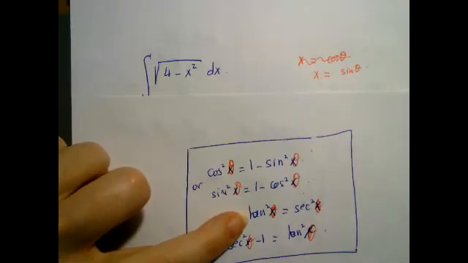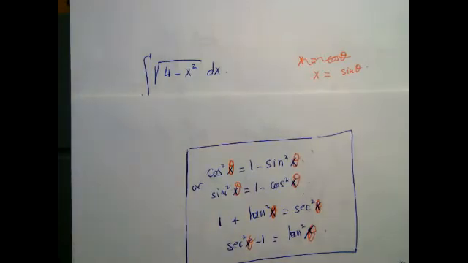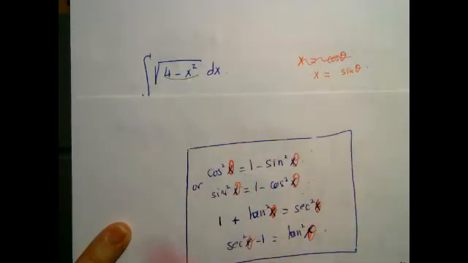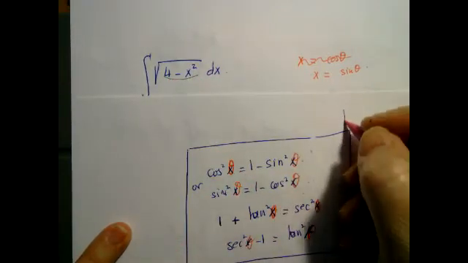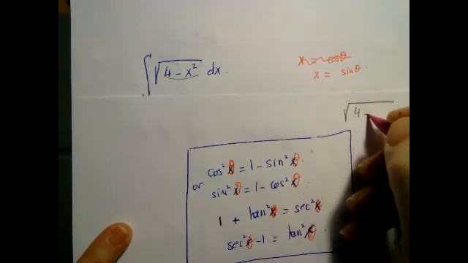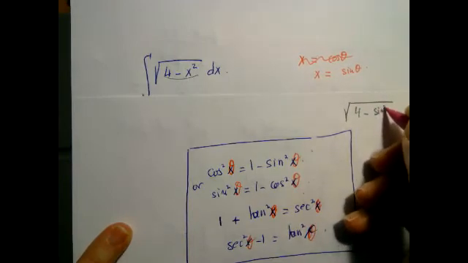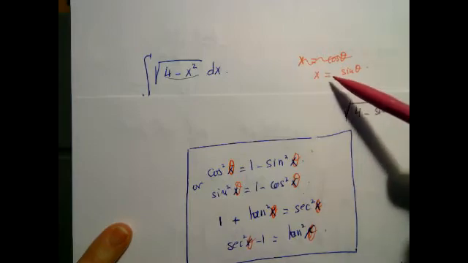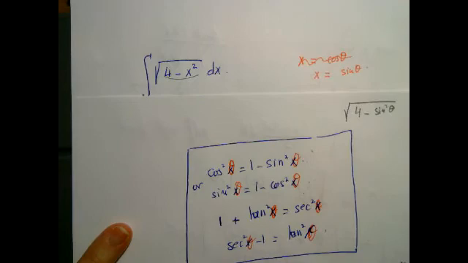Well, x equals sine by itself, does it do the trick? If I put x to be sine and I substitute it in here, remember my goal is to get rid of the square root, I will have the square root of 4 minus sine squared. But I'm still stuck. So how am I going to fix it?